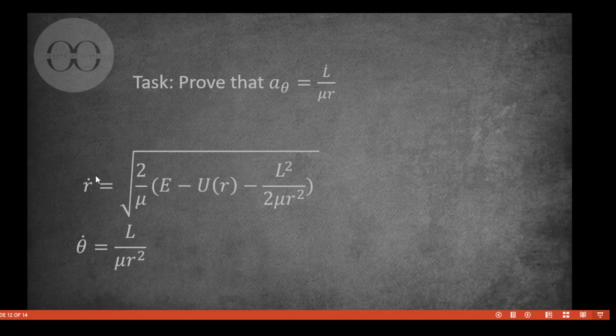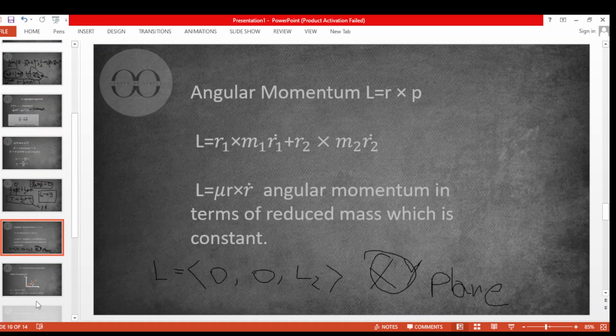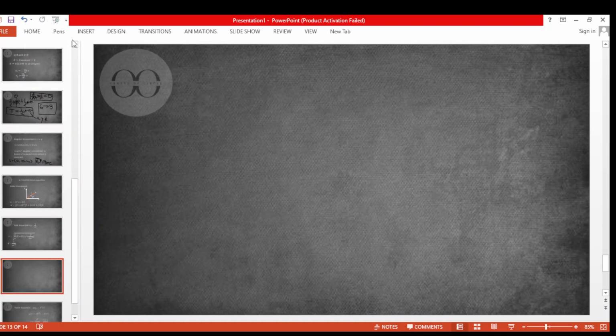So the main reason for writing this equation was, here are two differential equations, r dot and theta dot. R dot is a function of t. That means r dot is the time derivative of the position vector r. That means the position vector r is a function of t.